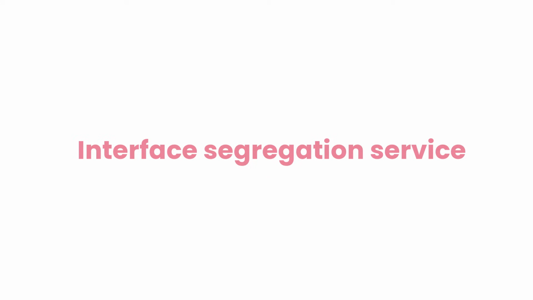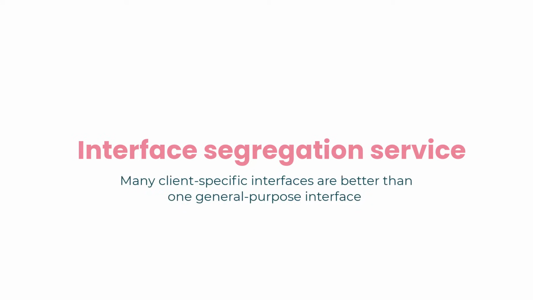All right, we are getting closer to the end, and the next one is the interface segregation principle. It sounds like: many client-specific interfaces are better than one general-purpose interface. And what does it mean?